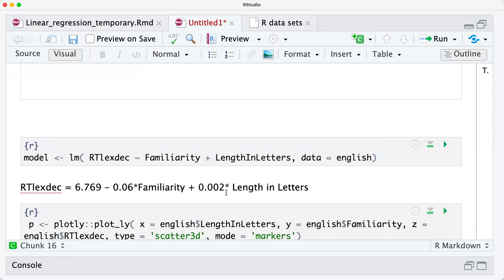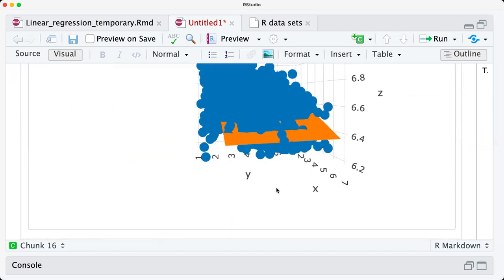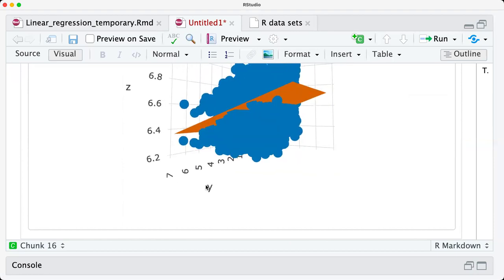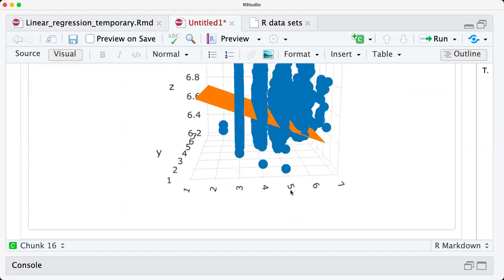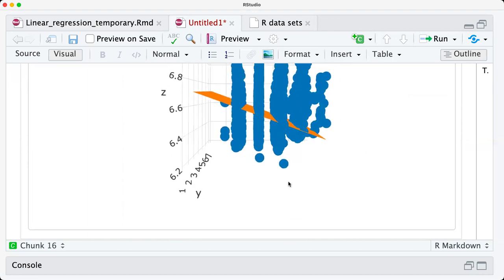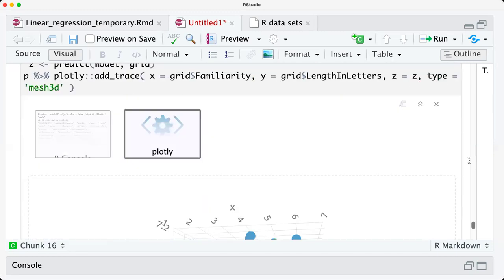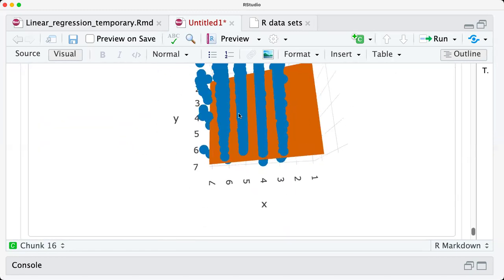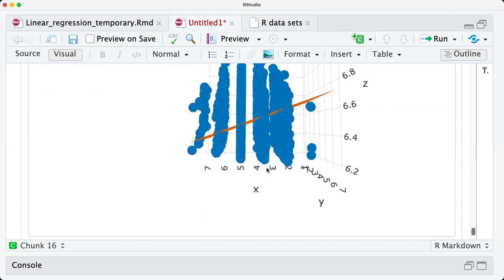You see the slope of the x-axis, the length in letters, is really small. So probably, okay, this is the x-axis.